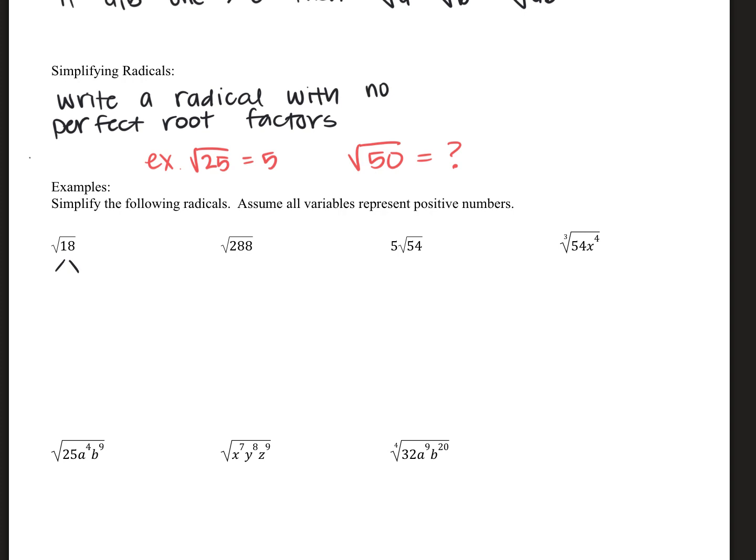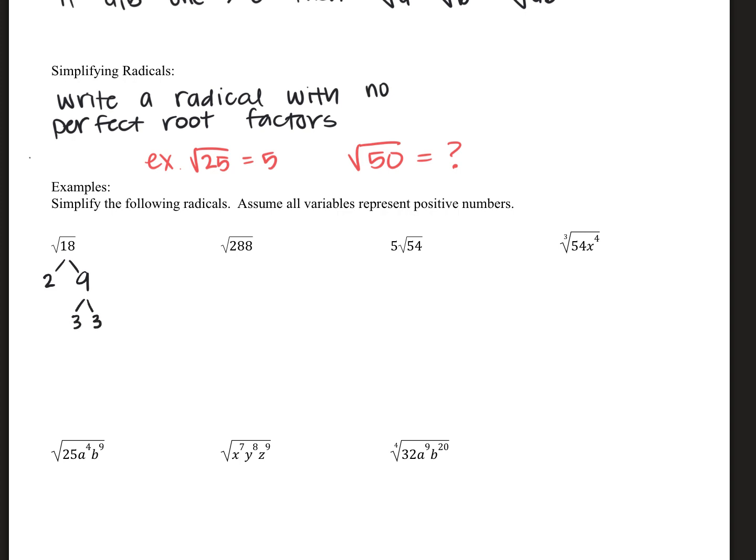There are two different ways I could break this down: 6 times 3, or 2 times 9. It does not matter. Now, it is better if you simplify it using a perfect square. So 2 times 9, 9 is a perfect square, and 9 breaks down as 3 and 3.